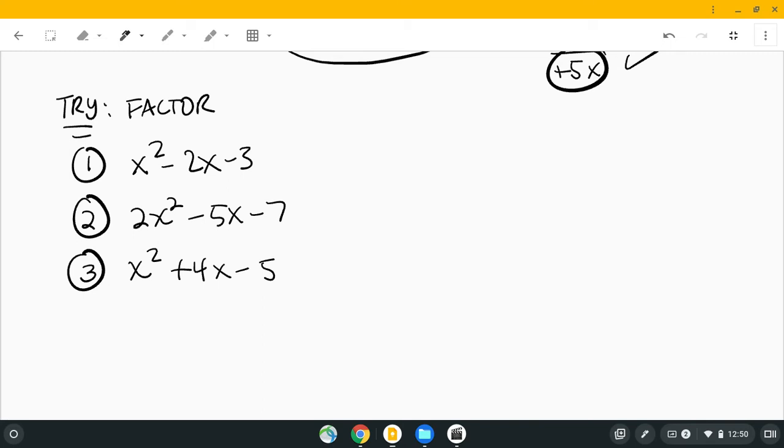So go ahead and hit the pause button and give these three problems a try. If you want to come back and check your answer one at a time, that's fine. Or if you want to do all three and then come back and check your answers to all three at once, that's fine as well.